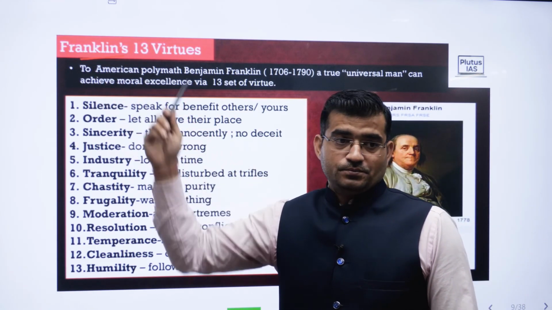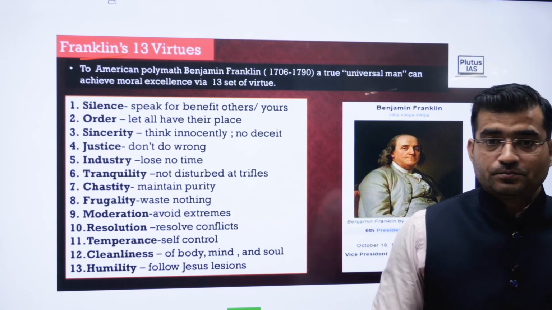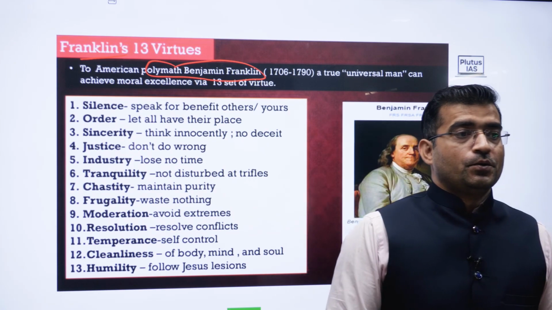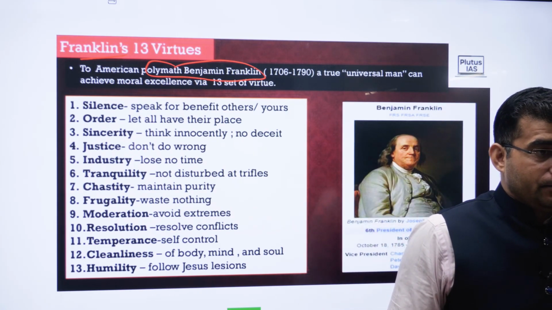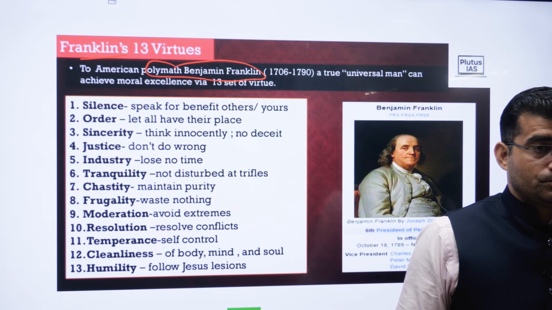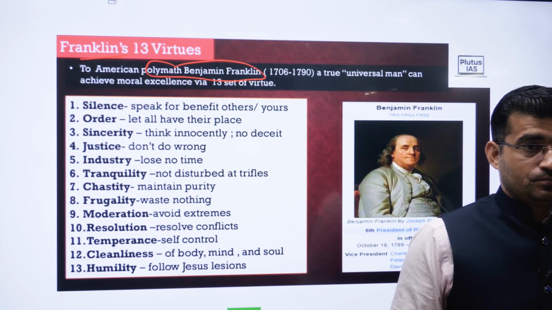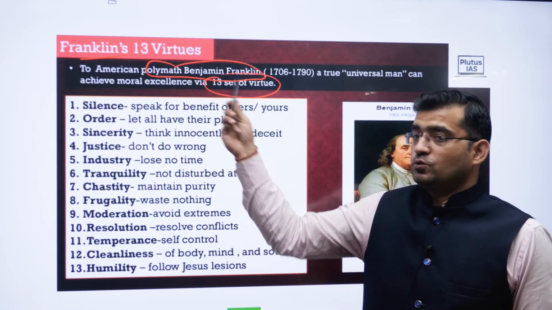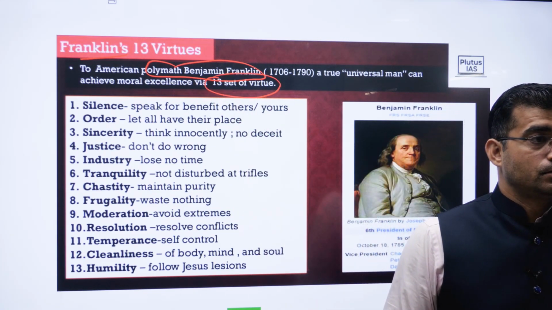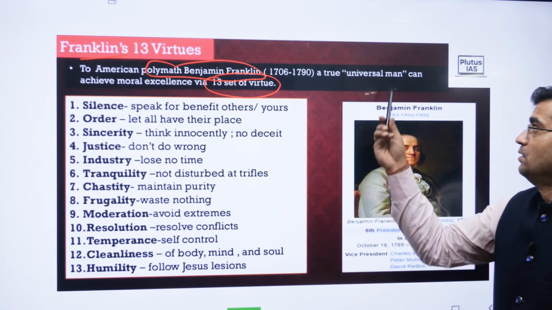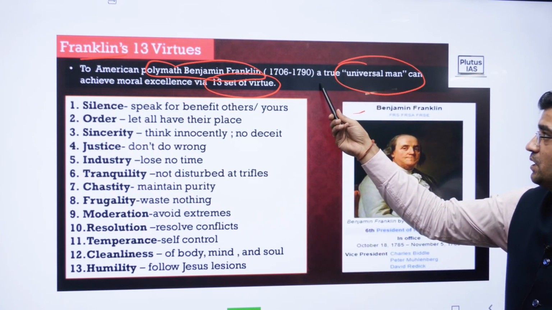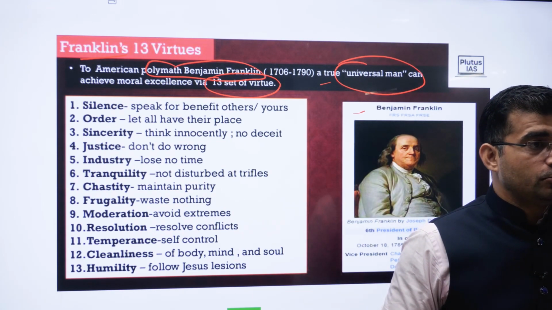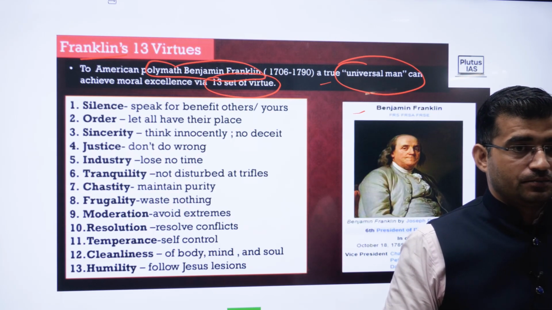And the last one, Benjamin Franklin propagated 13 virtues for a true universal man. That's it.